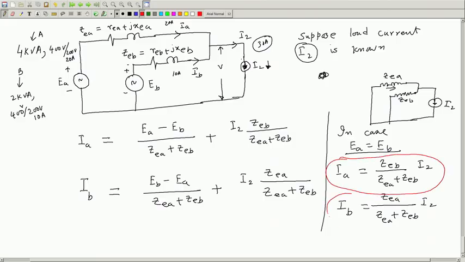Who decides that out of this 30, 20 will be carried by this and 10 will be carried by this? It is decided by this, because if you take the ratio IA by IB, it will be JDB by JDA.